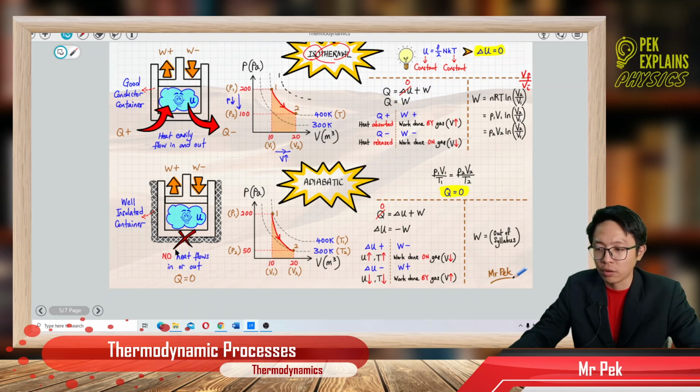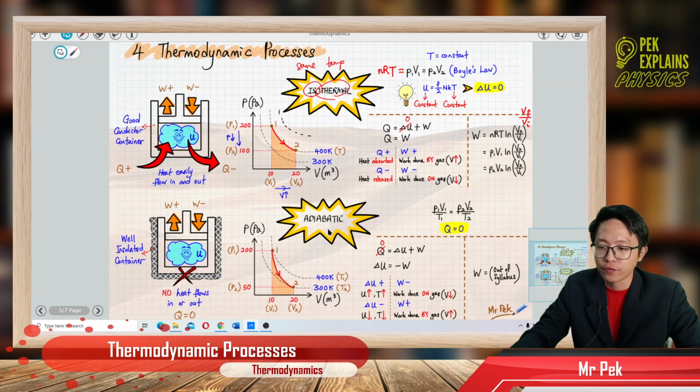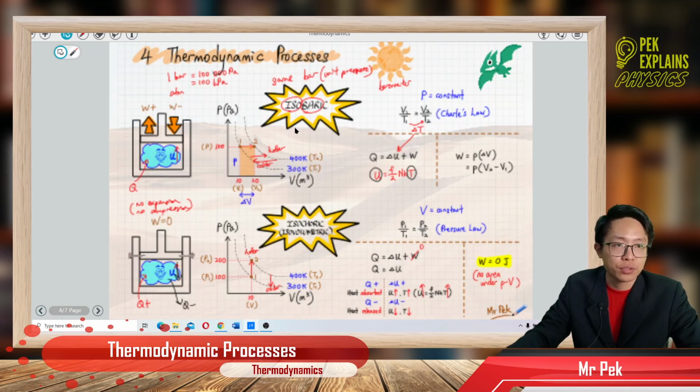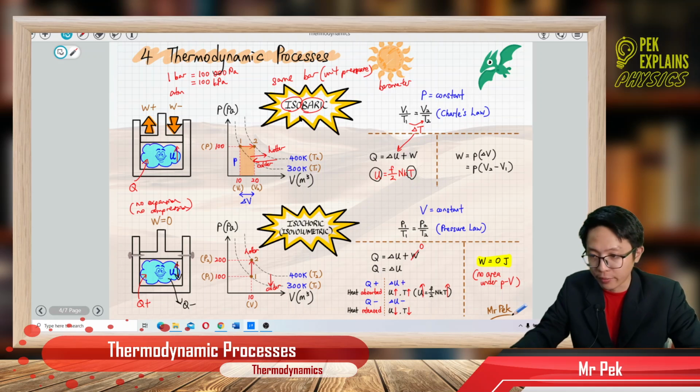No heat flows into the gas, and no heat flows out of the gas. Okay? So now, Q equal to 0. And how is the adiabatic process different from the previous three processes? If you look at the name itself, first we have isobaric.